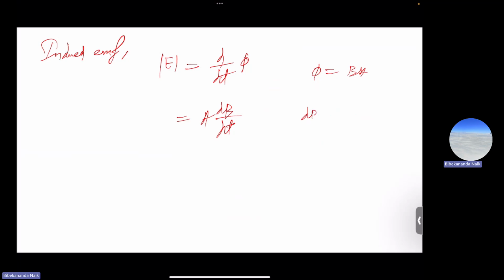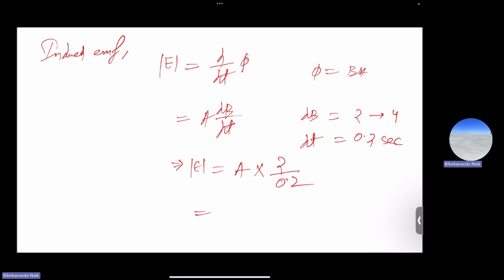So what is dB? dB changes from 2 to 4, and dt is 0.2 second. So |E| equals A into 2 by 0.2.